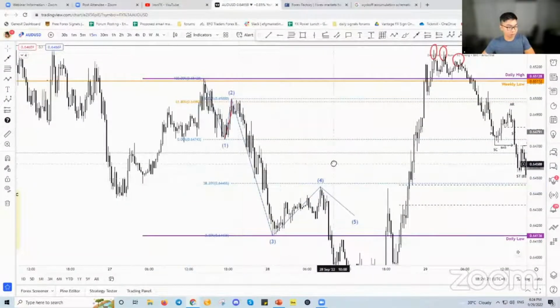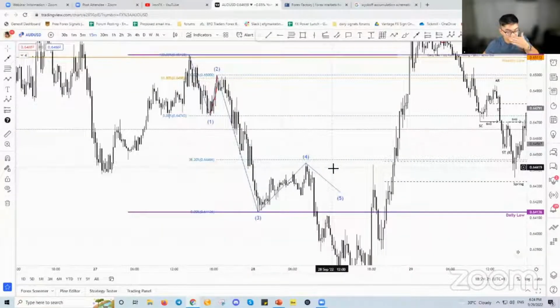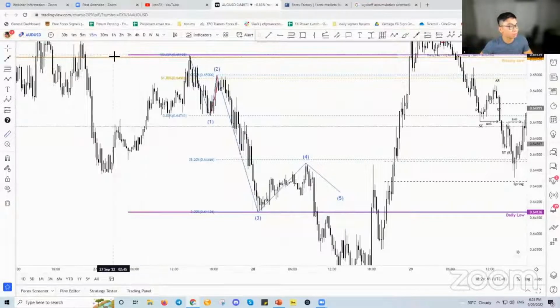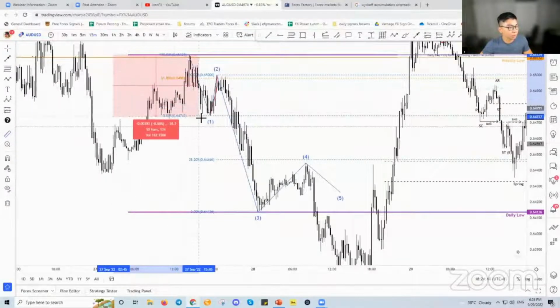Okay, so how do we predict wave 5? Normally, the length of wave 0 to 1 is equal to the length of wave 4 to 5, so we can predict the end of the trend. We can measure from the top of wave 0 to wave 1.